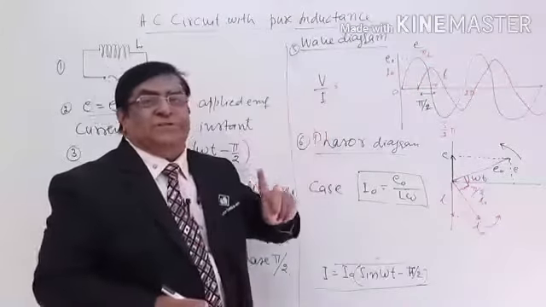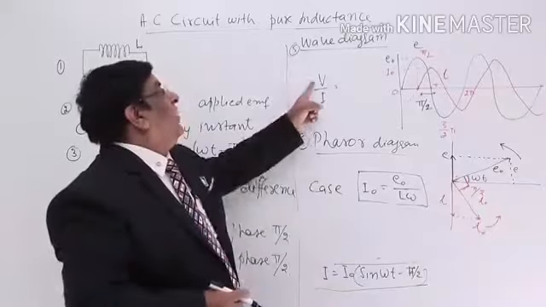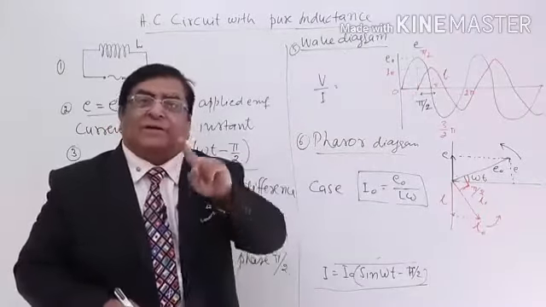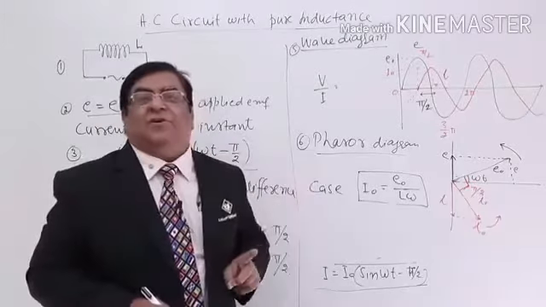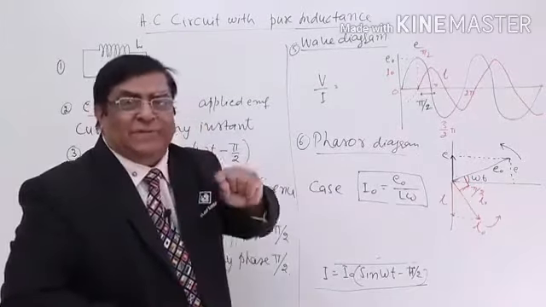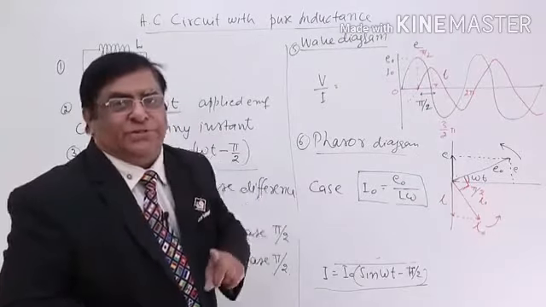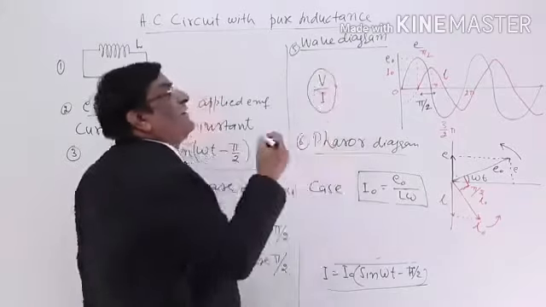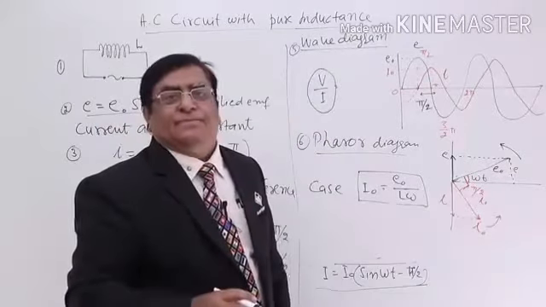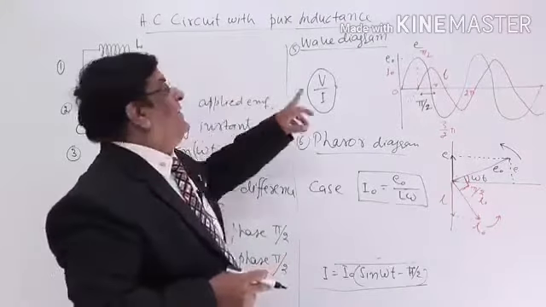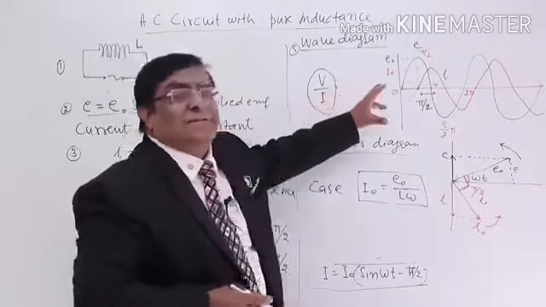If there is an opposition due to resistance, we call V upon I equal to resistance. But here that resistance is not there, but opposition is there. So mind it, from this chapter, opposition to current will always be measured by V upon I, whatever it comes to. Earlier, when we were using resistance, V upon I, we gave the name resistance.